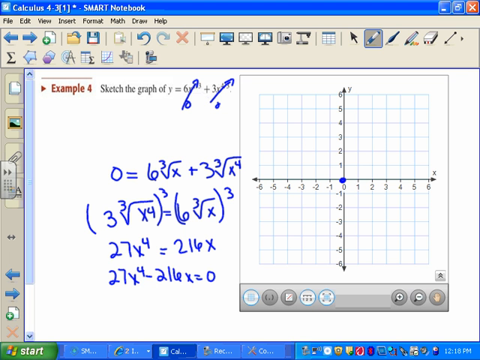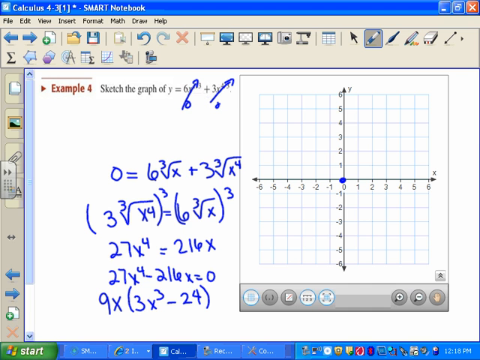And so I want to pull out the greatest common factor. Is it 9 or 3? Is it just 3? Let me take a look. I'm doing math in my head. Okay, so I'm going to take out a 9. And I'm going to get 3x cubed minus 24.